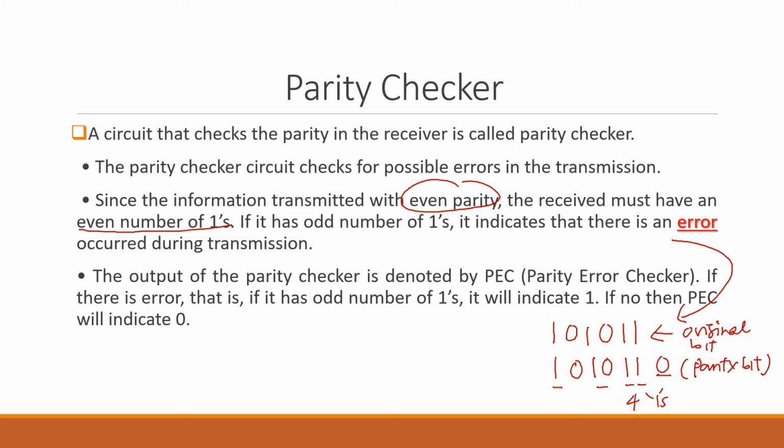For example, this is the Tx and this is the Rx. During the transmission, the number becomes 0 0 1 1 0 with the extra bit.